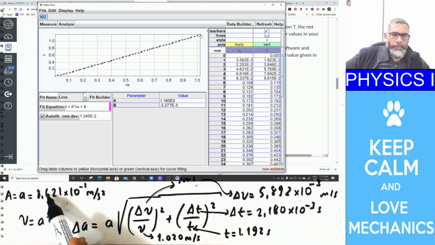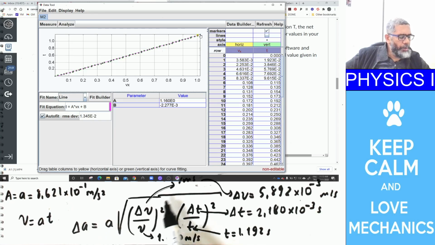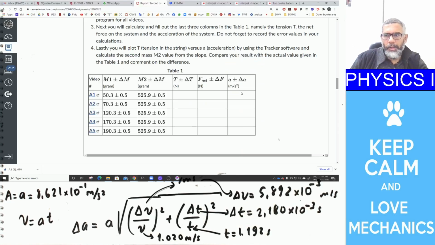A is the calculated slope value of the V versus time graph, calculated by Tracker. Delta V is the root mean square in V, and V is the last velocity value for the last frame. Delta T is the root mean square for T, and T is the last timing for the last frame. You plug in all these values, calculate delta A, and put this over here, in the first row next to A.